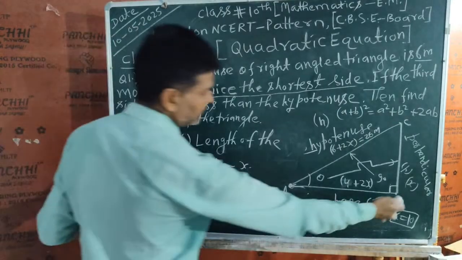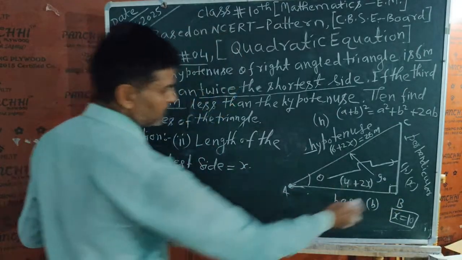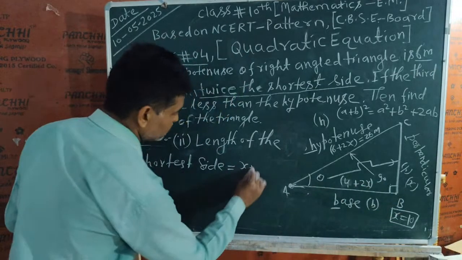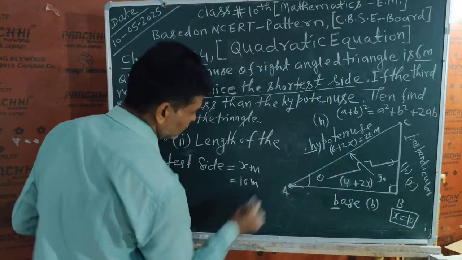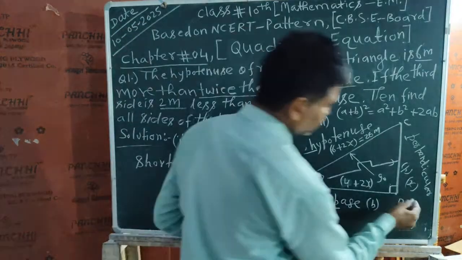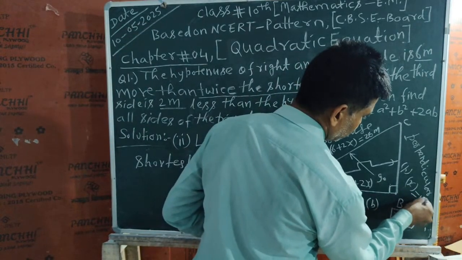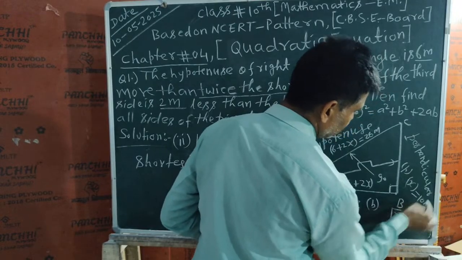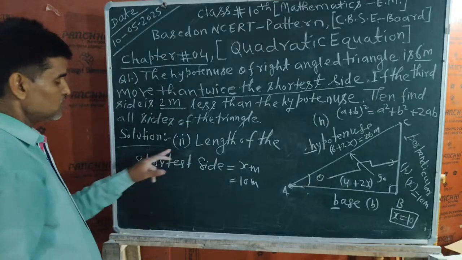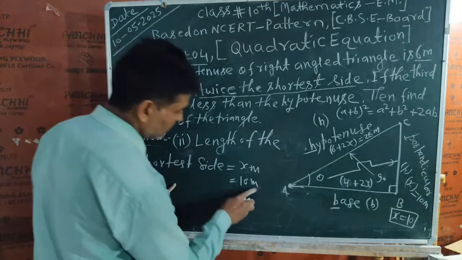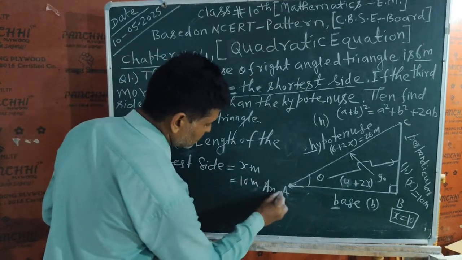I have already assumed x meter. So the value of x is 10. So here I will say 10 meter. So I am saving its value in the triangle diagram. Okay, student. So this is the second answer of this question.